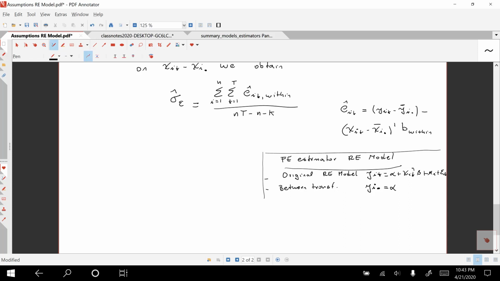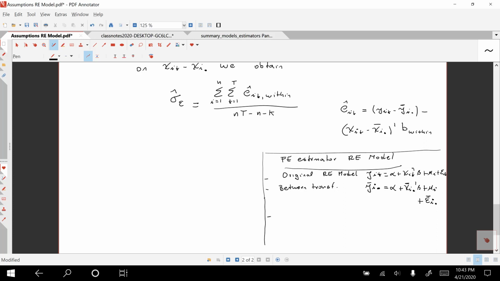This is going to be equal to alpha plus x_i dot beta, and this should be a dot there. And then here we should also have the average of those error terms. So notice that the alpha and the mu_i, those are constant, so the average is going to be the same thing.